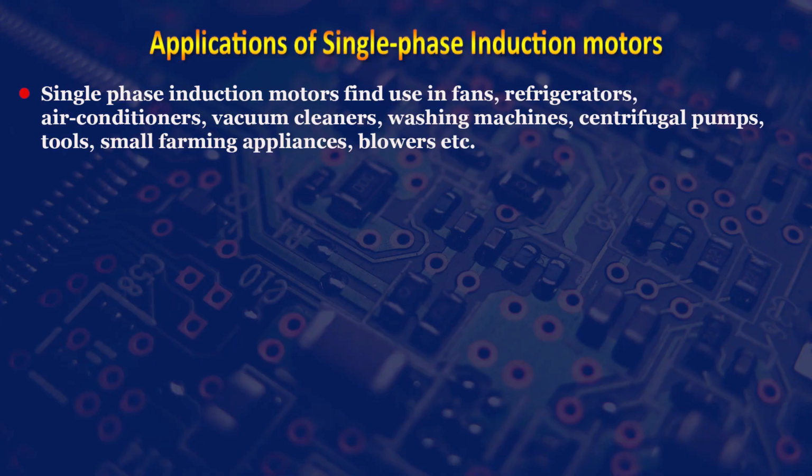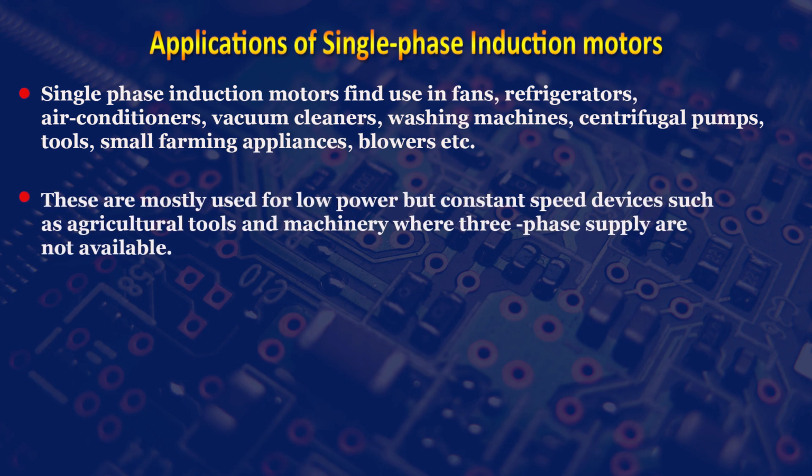So, what are the applications? We use it in domestic applications everywhere. We use the single phase induction motor in fans, refrigerators, air conditioners, vacuum cleaners, washing machines, centrifugal pumps, tools, small farming appliances, blowers, etc. They are mostly used for low power but constant speed devices such as agriculture tools and machinery, where 3-phase supply is not available.